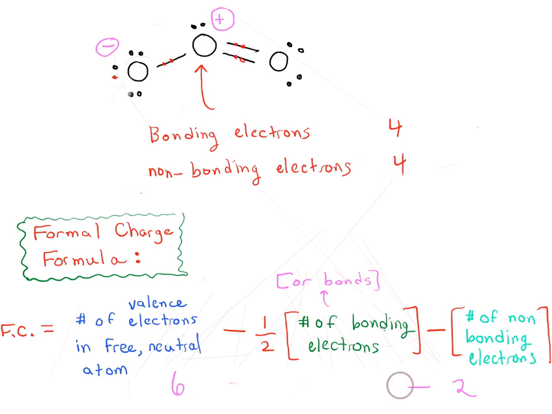If we look through our formula here, keeping this the same, it's still 6. 6 minus 1/2 times the number of bonding electrons, so 6 minus 1/2 times 4 is 2, minus the number of non-bonding electrons, which is 4. So 6 minus 2 minus 4 gives us 0, right? So this has a charge of 0. We often won't even bother writing that in.